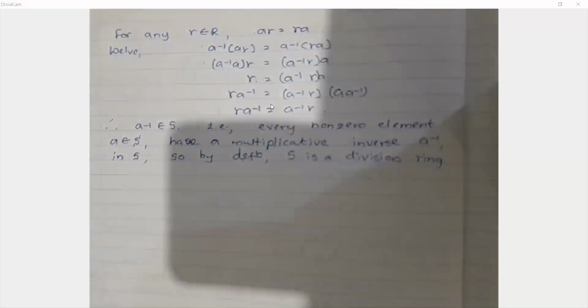S is a commutative division ring. By definition, S is a field.